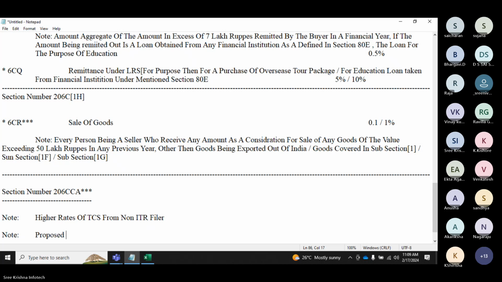Proposed section 206CCA of the Act would be applied on any sum or amount received by a person from a specific person.